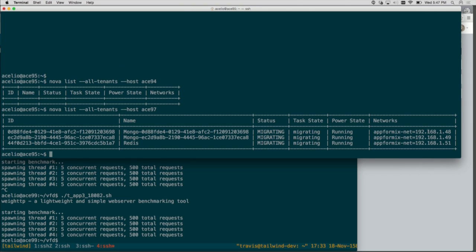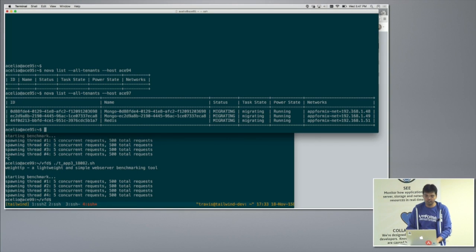As soon as we detected, at sub-second granularity, that something has gone wrong, we realize that before this server shuts down, I need to somehow migrate my workload. And so this will cause all the VMs to get migrated back.